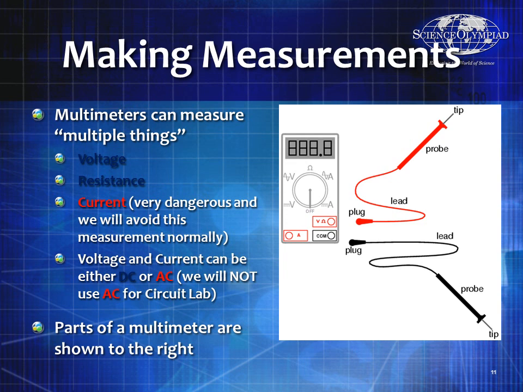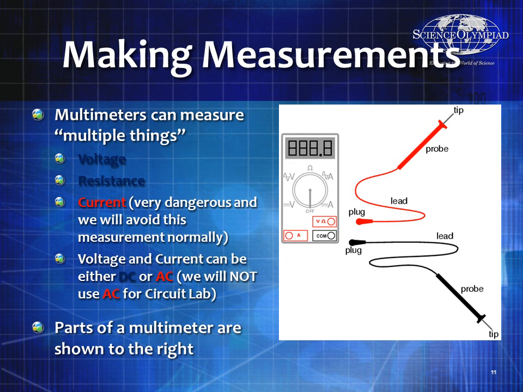It's very safe. If you don't measure current correctly, you can damage your circuit, you can damage your multimeter. When we were in electrical engineering school, we didn't go through a single lab without somebody blowing an amp meter, blowing the fuse in an amp meter.